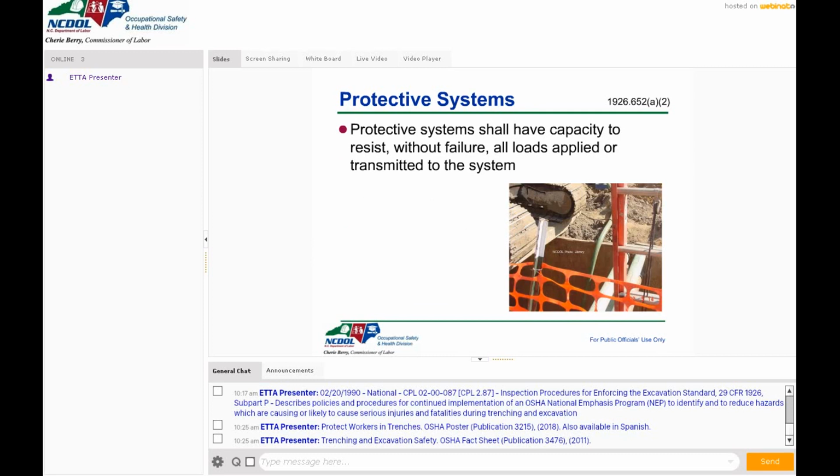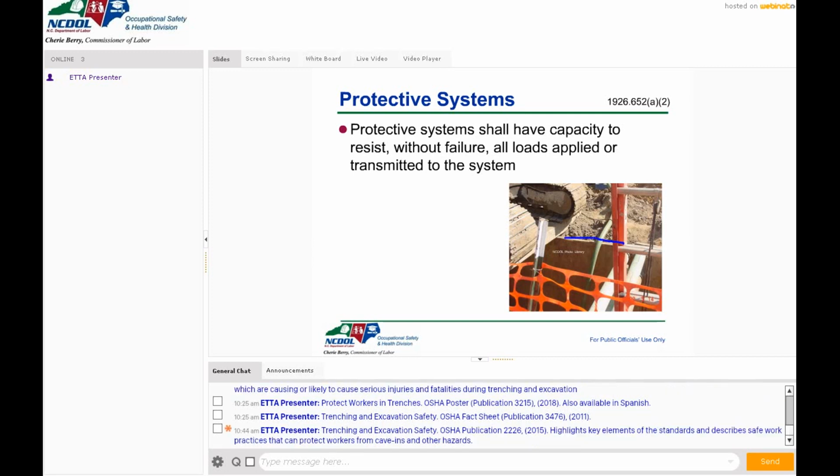Do not overload the trench box as well. If you're using a trench box, the sides of this on the top were not meant to support that much weight. You can use these little guides that I've been passing out to you to help you understand that.